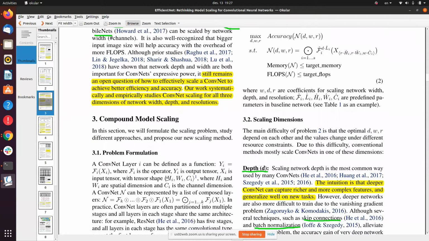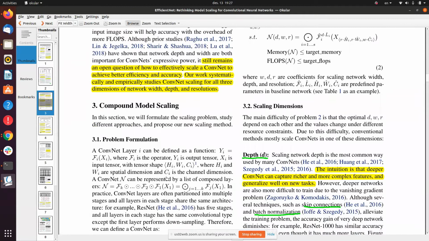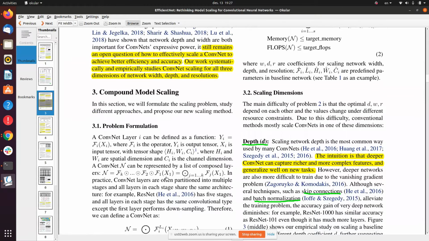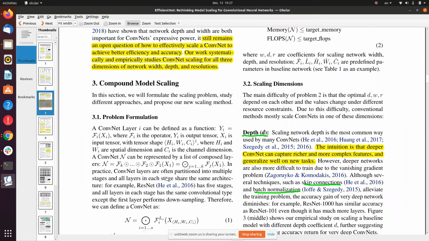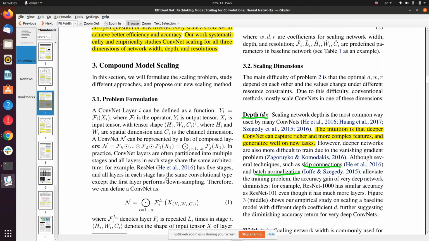So with that, the actual crux of the EfficientNet paper is here: compound model scaling. In this section, the first part is the entire convolutional neural network design, which they formulated as equation 1. The equation is a composition of the number of layers present in a network, where N is the number of layers.